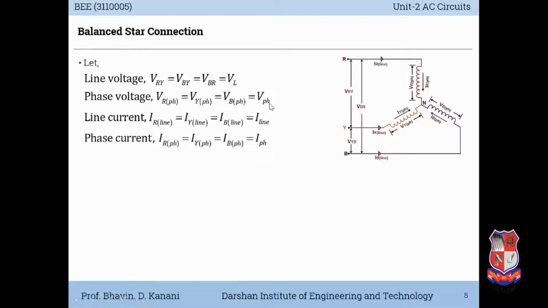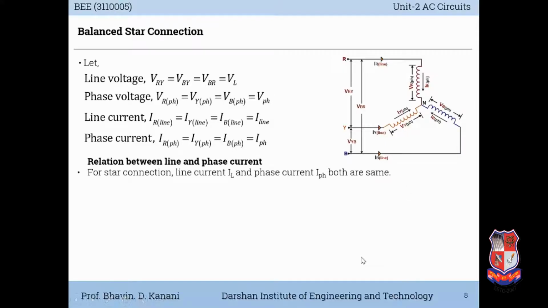So all phase voltages are same. Again line current, that also will be same in balanced condition. So IR is equal to IY is equal to IB, I line current. Same way phase currents will be same. So IR phase is equal to IY phase is equal to IB phase, that is equal to I phase.